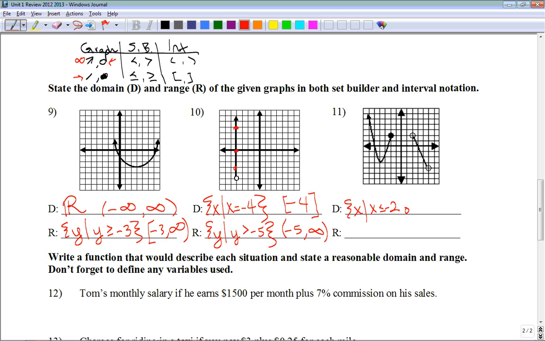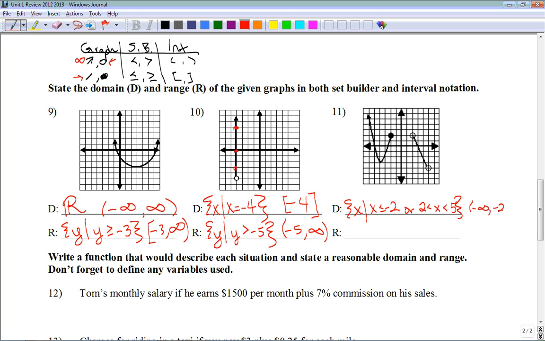Then we have to say the word or, because our domain is either going to be less than or equal to -2, or it's going to be over here between 2 and 5, but not equal to since those two endpoints were open circles. In interval notation, less than or equal to -2, that means we're starting at -infinity, which always gets a parentheses.